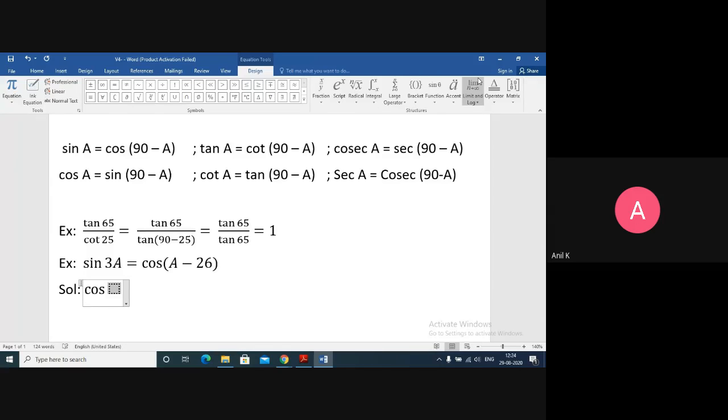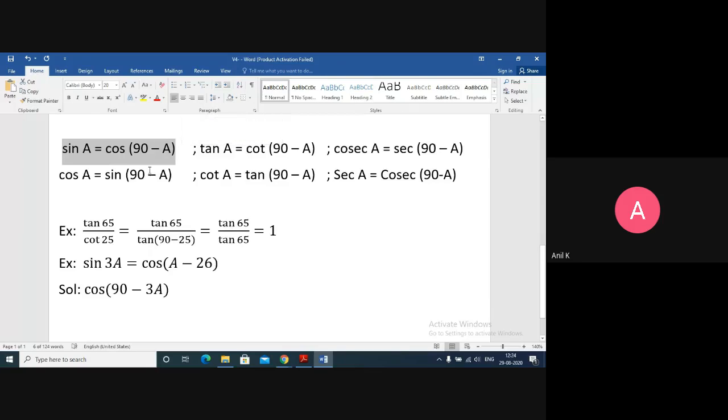It will be cos(90 minus theta). Theta here is 3a. In place of sin 3a, I'm applying cos(90 minus 3a) by using this formula: sin a is cos(90 minus a).